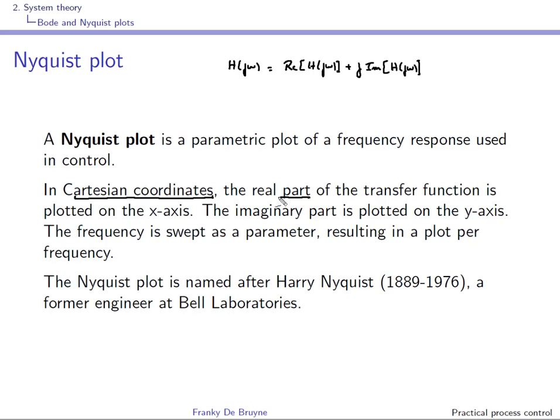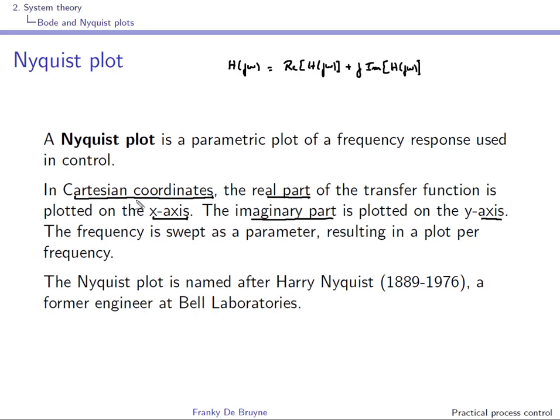The real part of the transfer function is plotted on the x-axis and the imaginary part on the y-axis, and we'll obtain a plot per frequency. Each point corresponds to a given frequency.